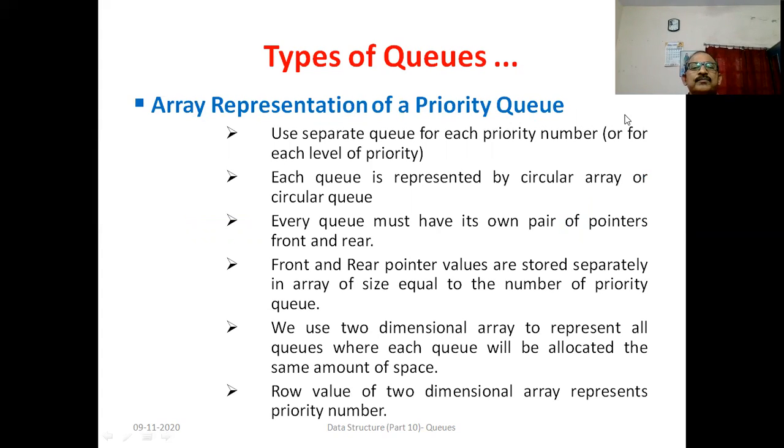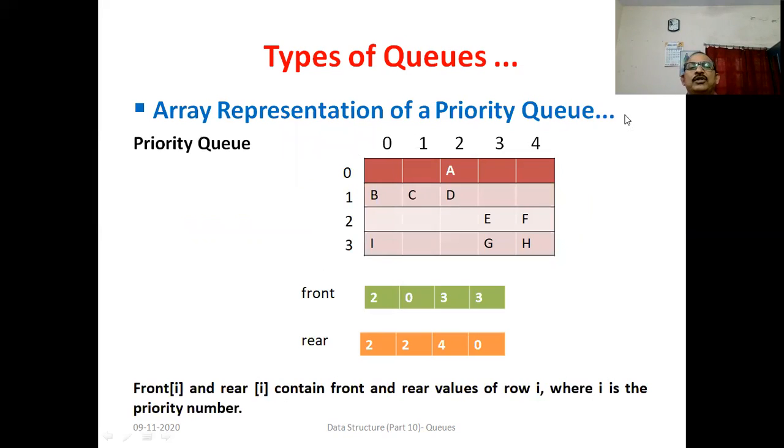Next is the array representation of a priority queue. Keep some points in your mind. For each priority number, we use a separate circular queue. Suppose a system has 4 priority numbers: 0, 1, 2, 3.